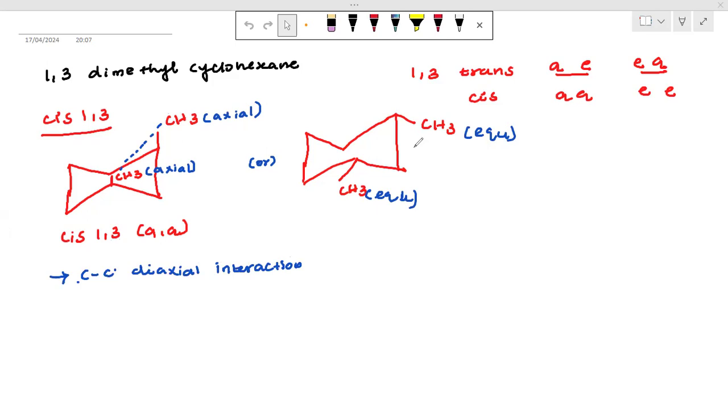So this will be more stable than the axial position. So in this case the cis form is more stable, and we will say the cis form is stable.